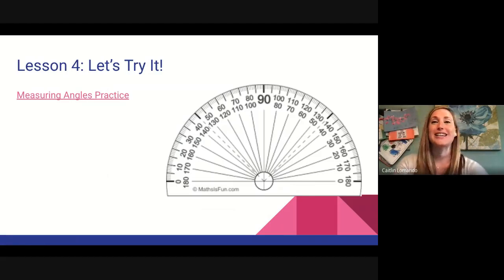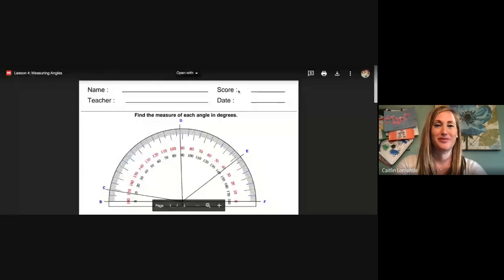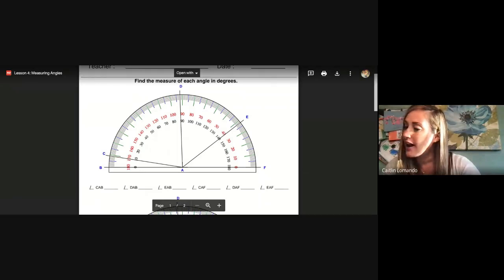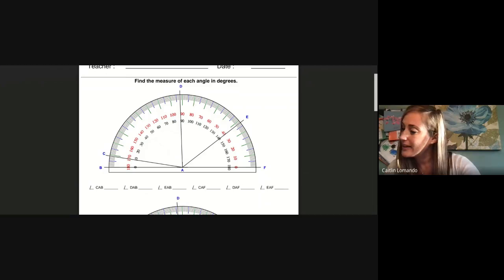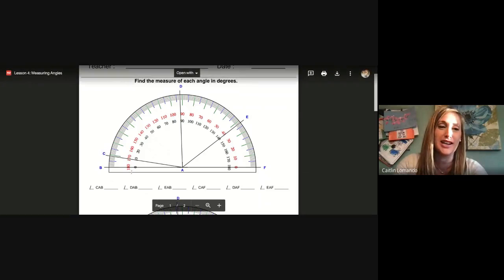All right. So now that we have the basics down, let's try looking at angle measures on a protractor. If I look here, I can see that C to A to B is a small, tiny angle.